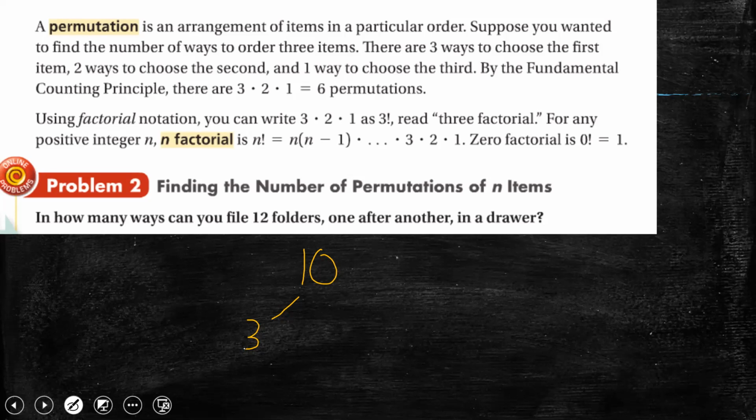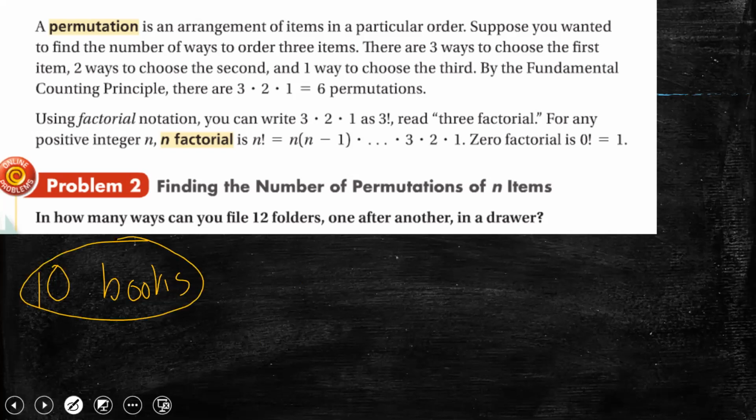Let me give you examples, like boxes. Okay, let's talk about the boxes. We have 10 boxes. So here in front of you, you have 10 boxes. At the first time, how many boxes do you have?